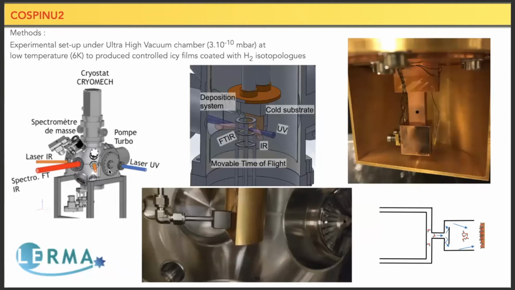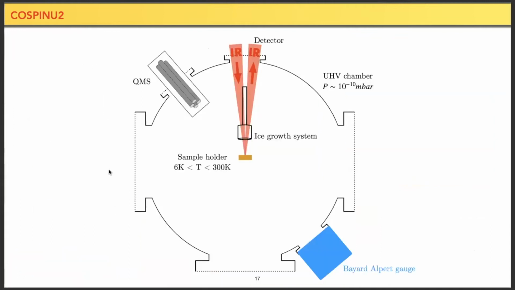We have a cryostat that can reach a temperature of 6 Kelvin, and the dosing system here can produce a controlled icy film on the substrate, and we can coat H2 isotopologues on it. When the ice is grown on the sample holder, which can reach temperatures from 6 to 300 Kelvin, we probe the ice by infrared spectroscopy to see the nuclear spin conversion.